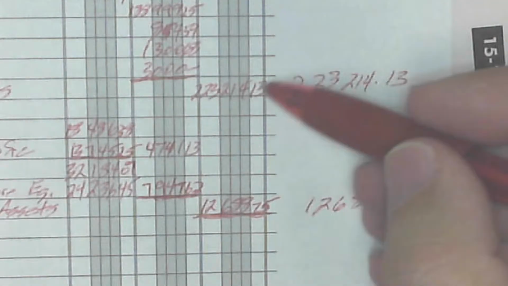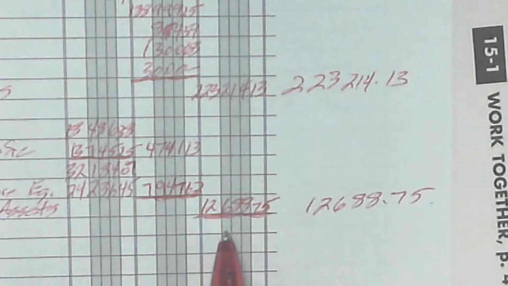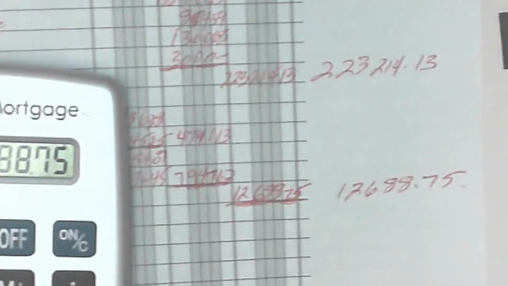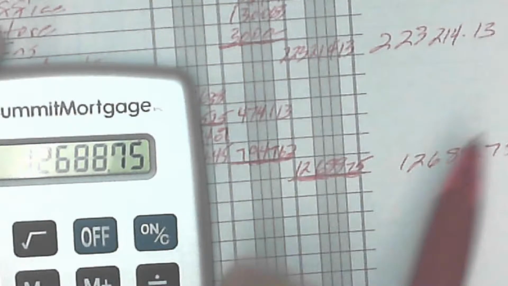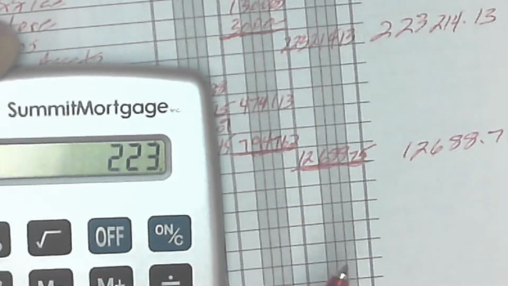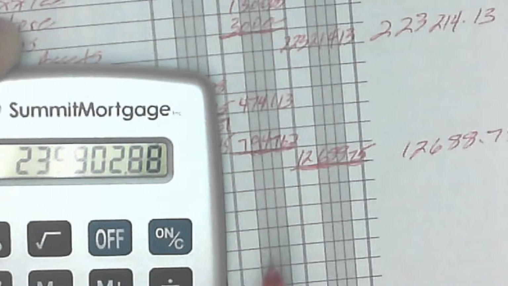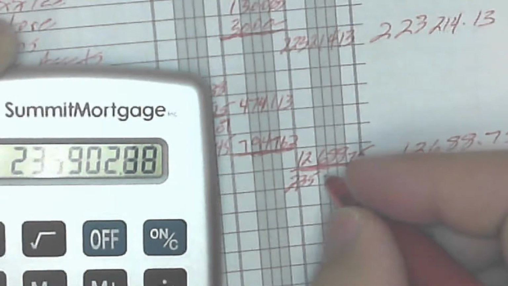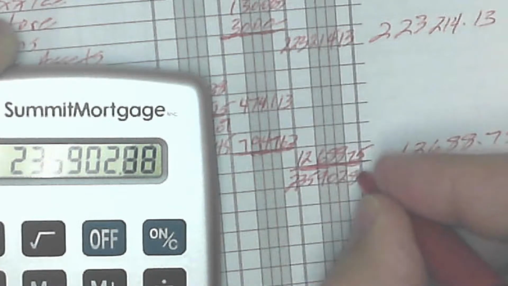So all we're going to do is add these two numbers together here for the total value of everything that he owns. $12,688.75 plus $223,214.13. So $235,902.88.